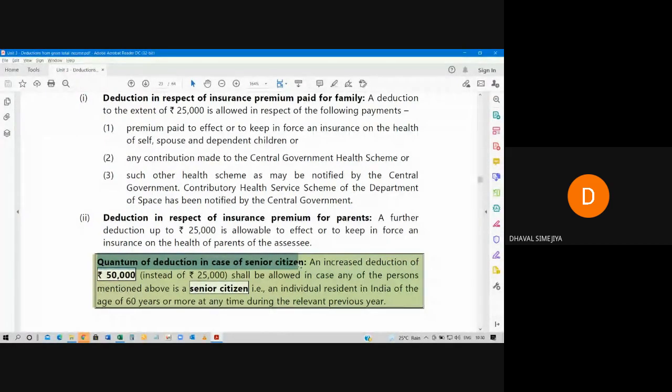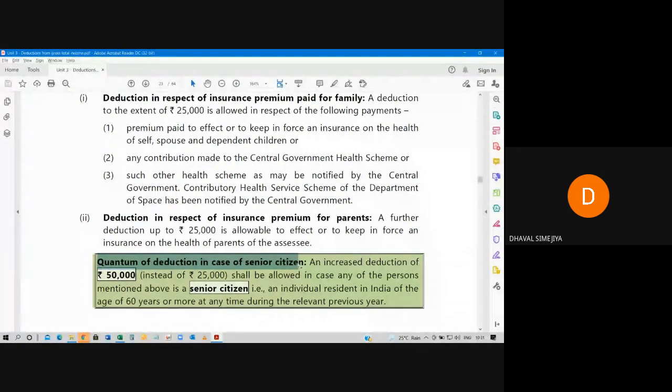Earlier it was 25,000. Now it will be 50,000. Sir, what will be the situation if my parents are senior citizens? Then also 50,000. In short, whoever is considered a senior citizen, the limit will be increased to 50,000.